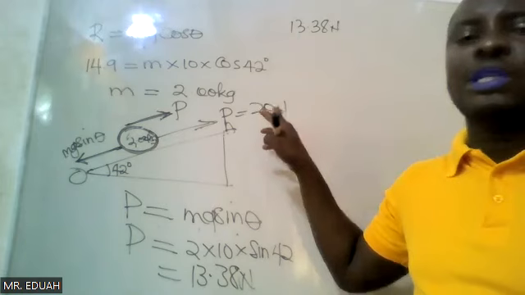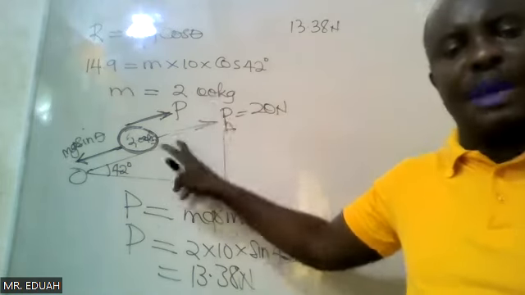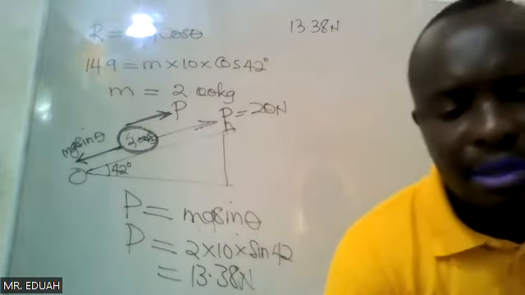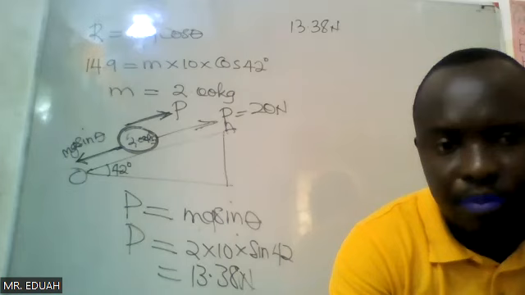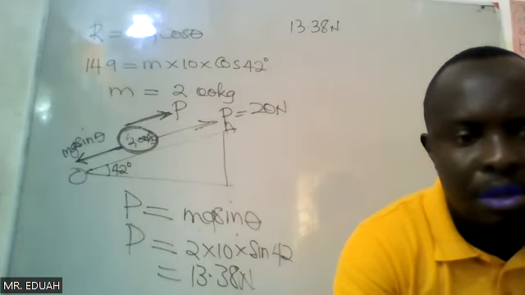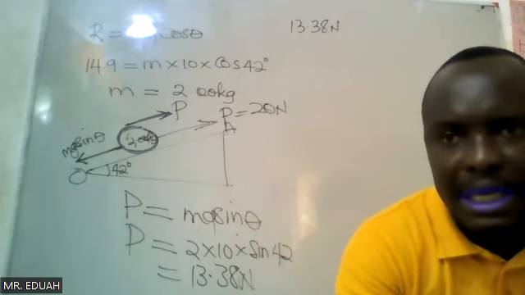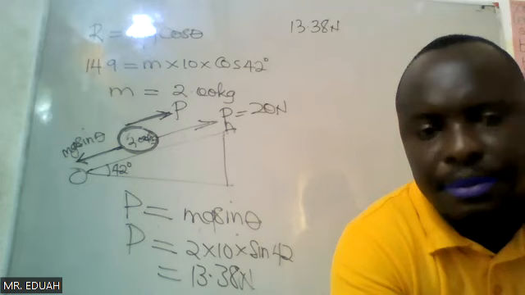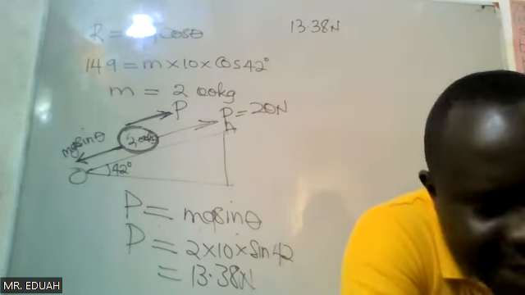What will be the resultant force pulling the mass up the plane? Quick one. This shouldn't take you much time. Yes, who is ready? 6.62. How did you get it? Explain to us.